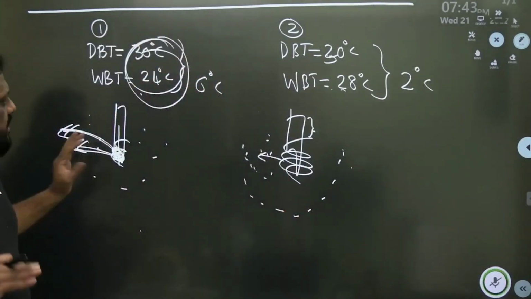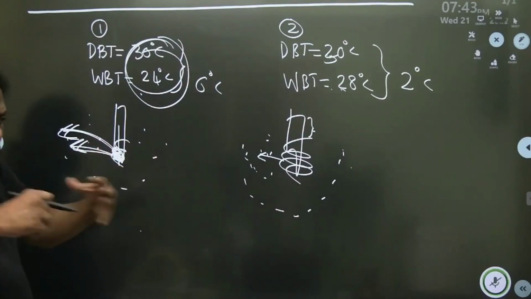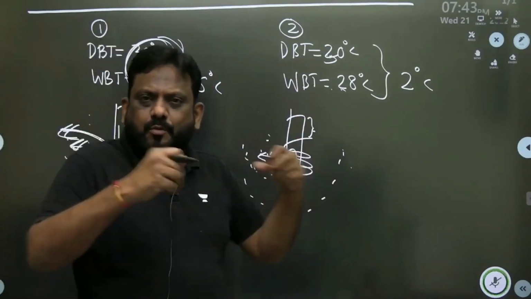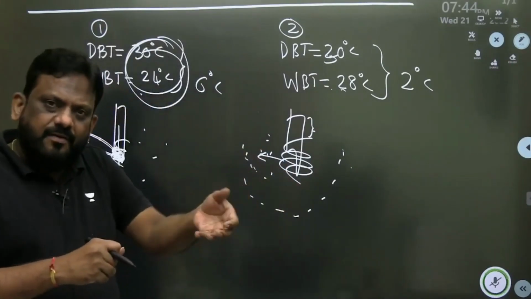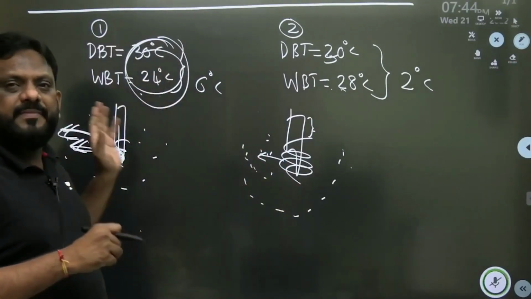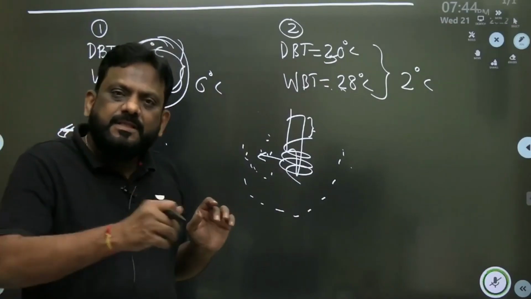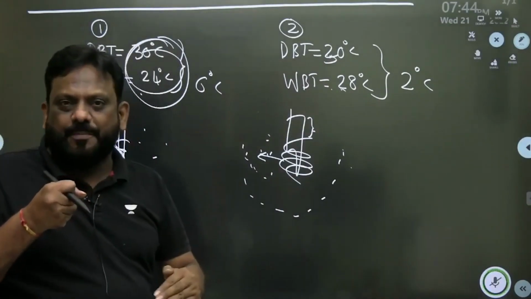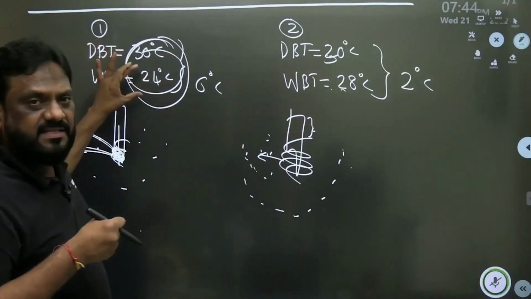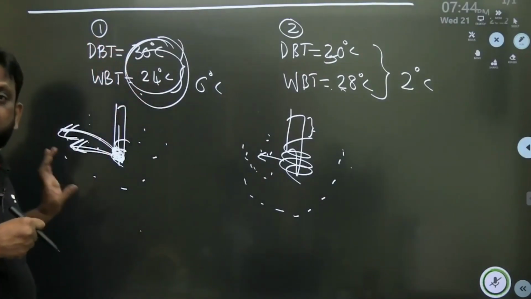That's why it is absorbing more moisture. It has more capability to absorb more moisture. When liquid is to be converted into vapor, there has to be latent heat of vaporization. That's why it takes from the wick, and thereby the temperature is dropping. So if the difference is becoming large, it means the moisture content in air is less.